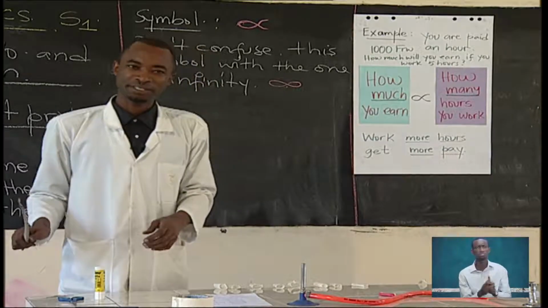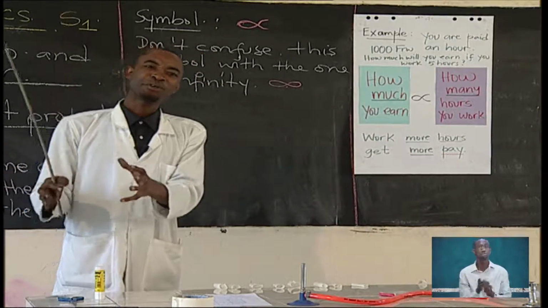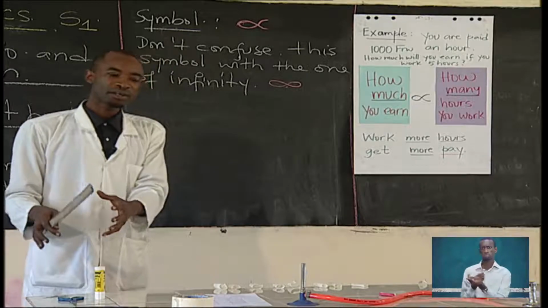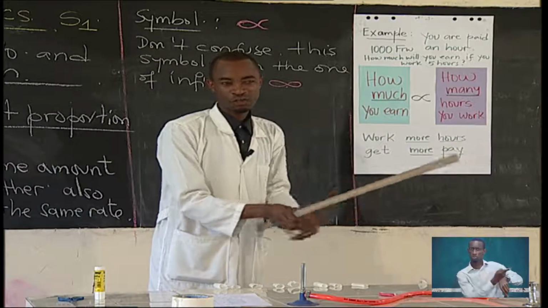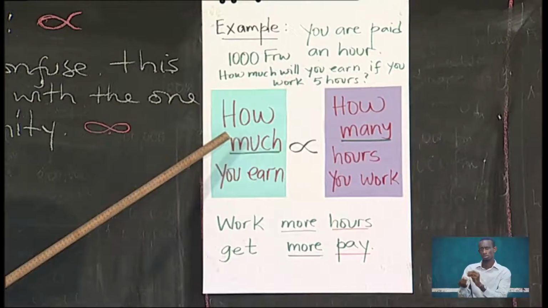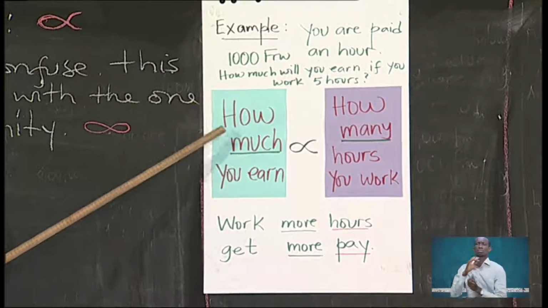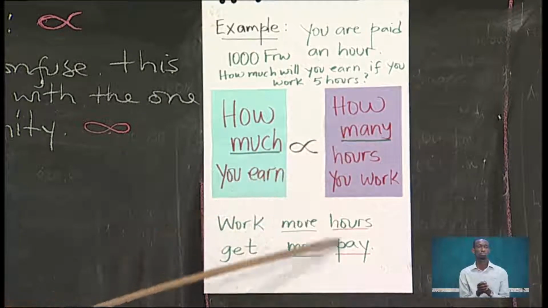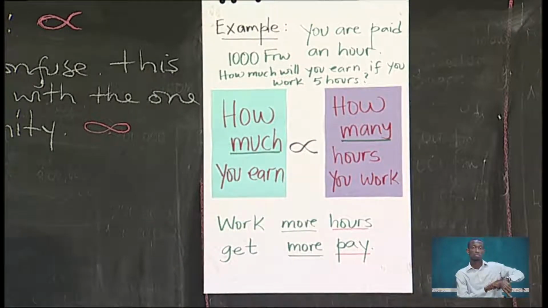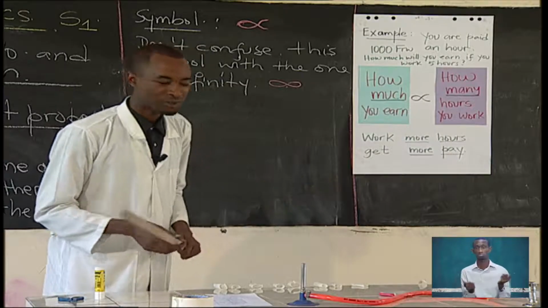You have two quantities. There is the quantity of how many hours you have to work, and also there is a quantity or the amount of how much you have to earn. As you look at this, how much you earn should be proportional to how many hours you work. These are the two quantities I was talking about.